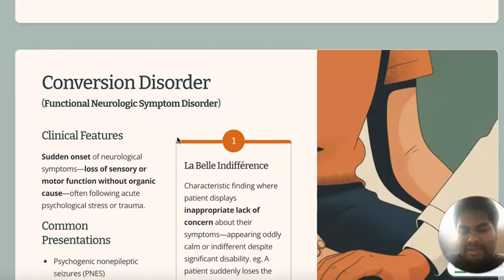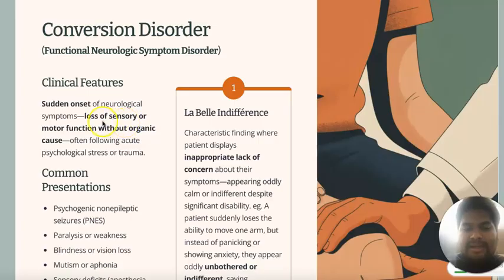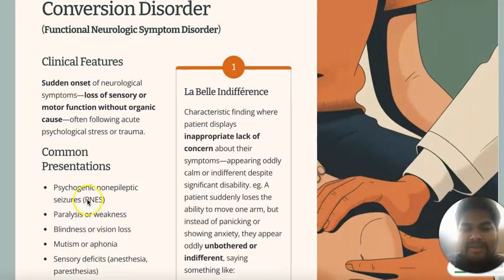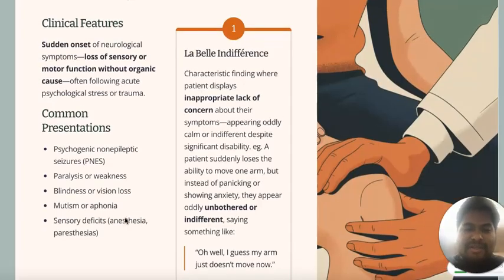But in conversion disorder, it's more neurological. There will be psychogenic non-epileptic seizures, paralysis or weakness, blindness or vision loss, mutism, could not speak, aphonia, and sensory deficits like anesthesia or paresthesias. And there won't be any organic cause for that. So this is conversion disorder.